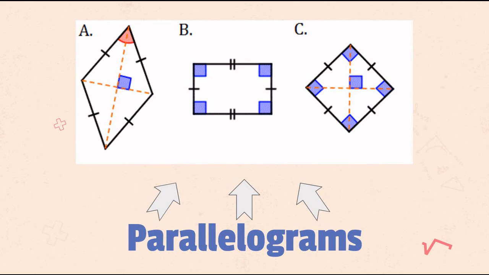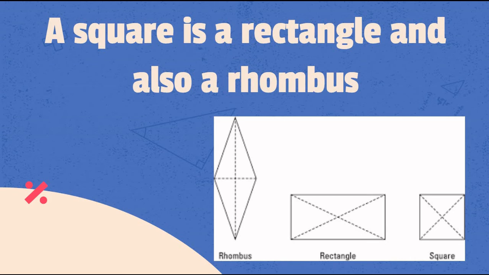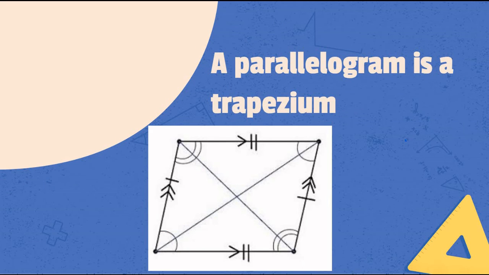And then let's look at some of the interesting facts, very important also. A square is a rectangle and also a rhombus. This is another important point. And then a parallelogram is a trapezium. So you should remember all these very well.